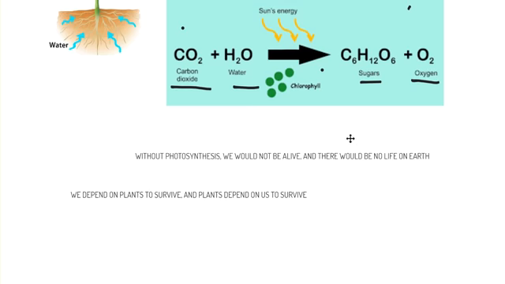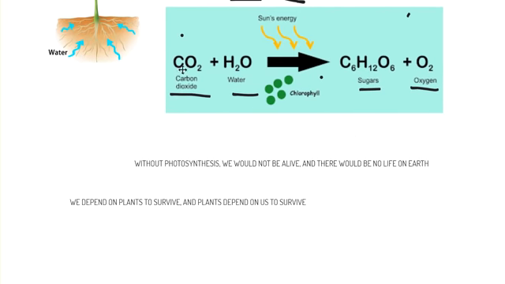But why? The reason is, as you might have seen in this photosynthesis equation before, a plant uses carbon dioxide in photosynthesis to make its sugars, which it can use for its daily processes. So a plant needs carbon dioxide for photosynthesis. And what's interesting is, in our bodies, we have a process that's like photosynthesis, but obviously we cannot perform photosynthesis, otherwise we would not need to eat food.